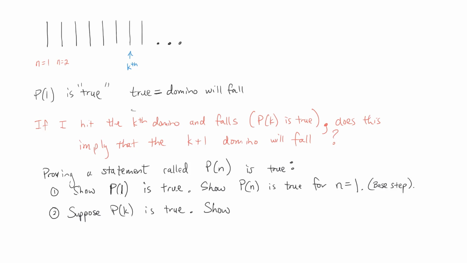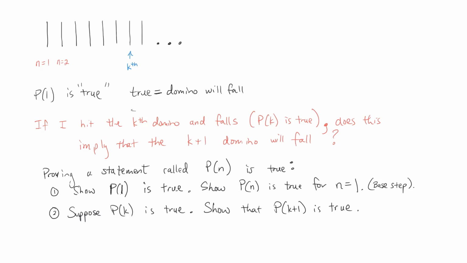Now you got to show that P of k plus 1 is true. And this is not obvious in math. It may be obvious when you're playing with dominoes, but this is where the work is very, very crucial.